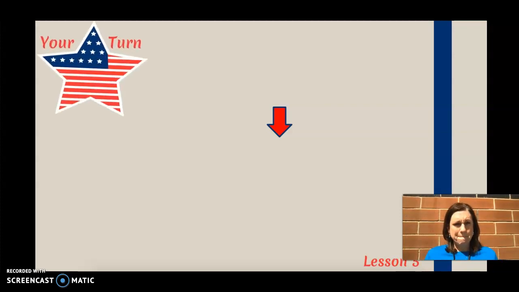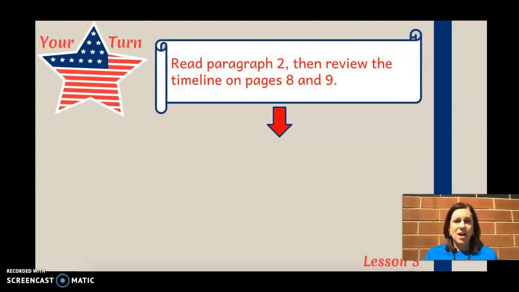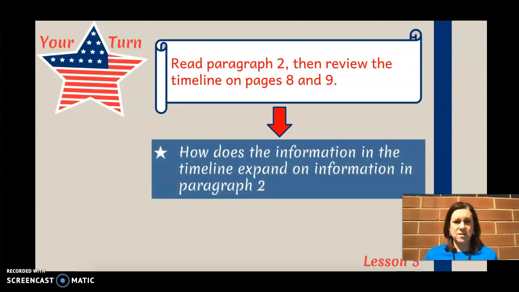Okay. It's your turn. I want you to read paragraph 2, then review the timeline on pages 8 and 9. Review paragraph 2 first, and figure out: how does the information in the timeline expand on information in paragraph 2?